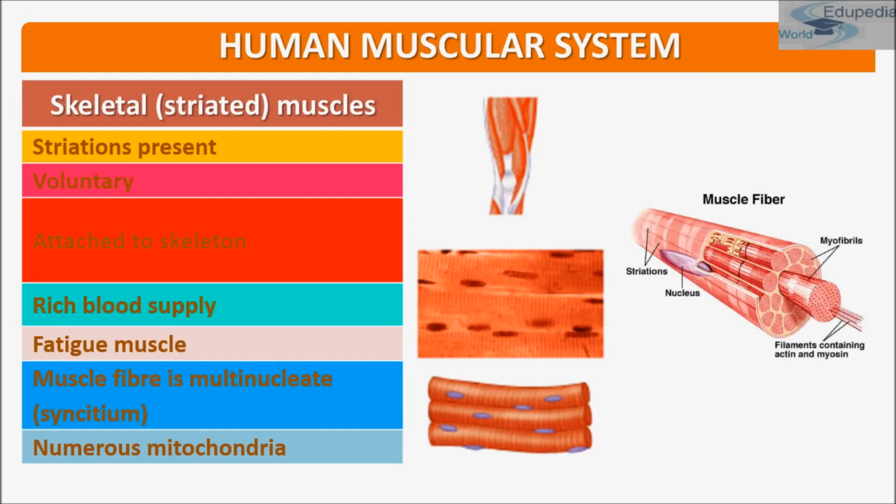Those present in our chest are known as pectorals, those in the abdominal region are known as abdominal muscles, and those in the thighs are known as quadriceps.